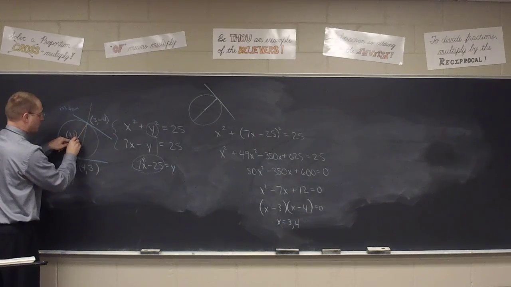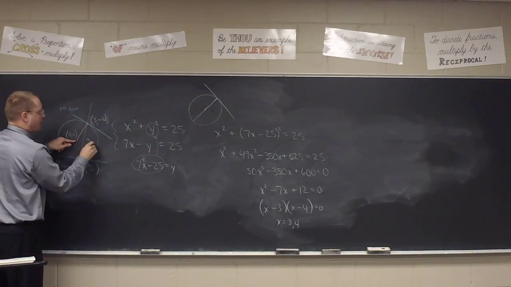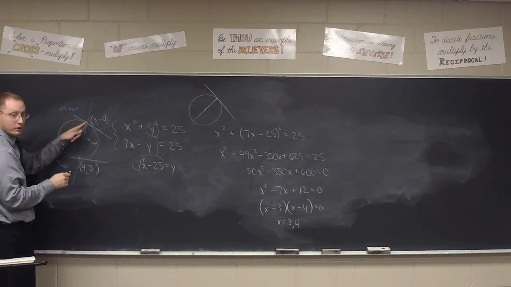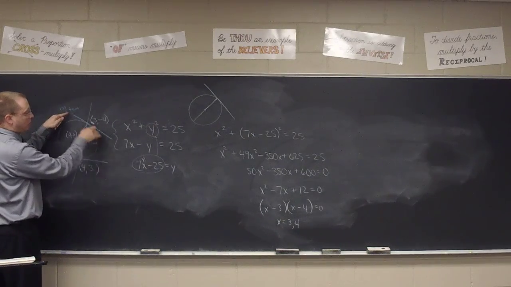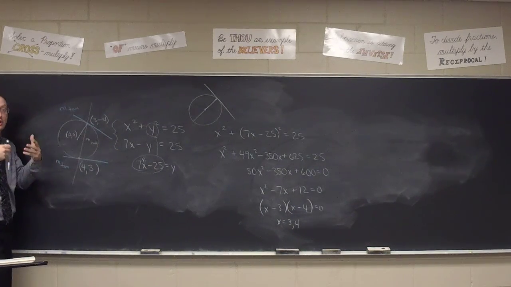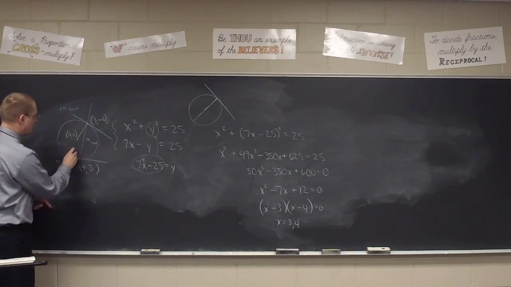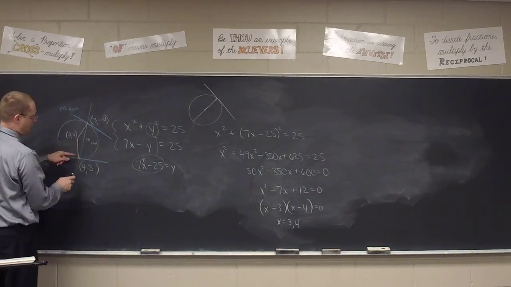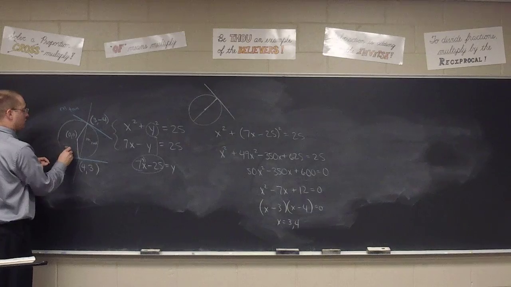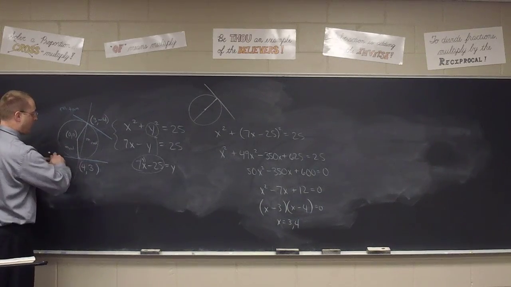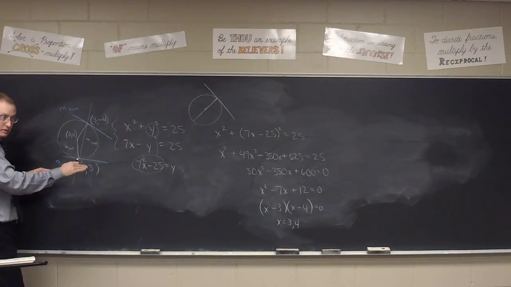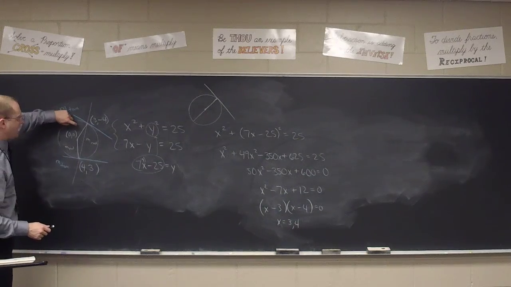If I draw this radius, it will have a certain slope. The tangent will be perpendicular, or have negative reciprocal slope. Similarly here, this radius will have a certain slope. The tangent will have negative reciprocal slope. Does that make sense? So let's start with this radius right here.